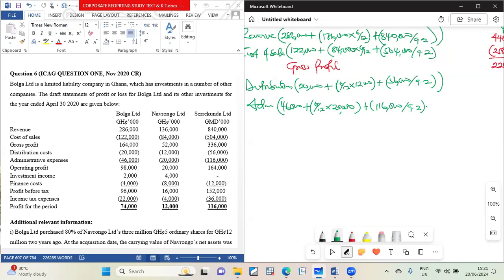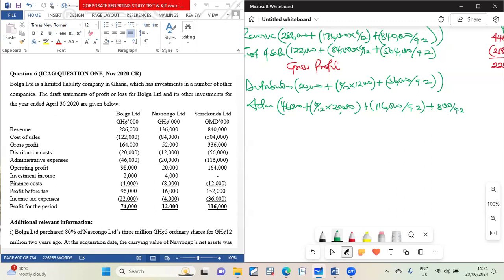Let me wait because I'll be doing other stuff. So already we found out that there is a brand. So the brand was 8,000 GMD. And that one too will be at 9.2.